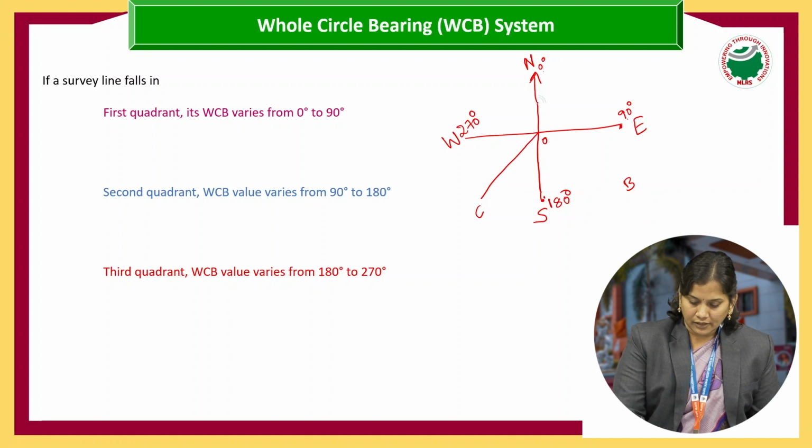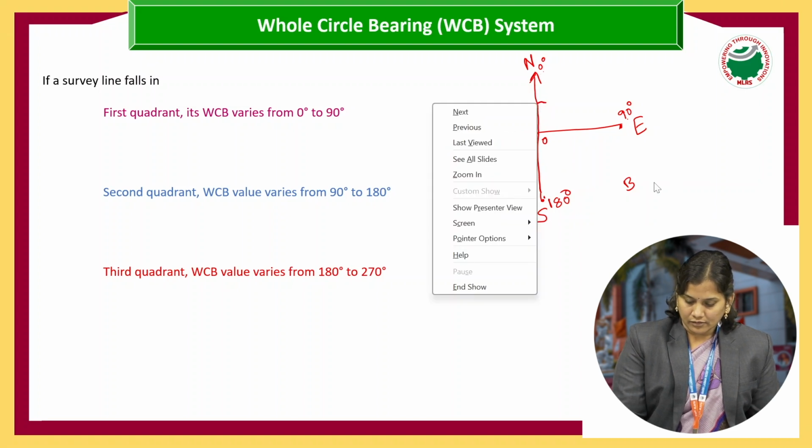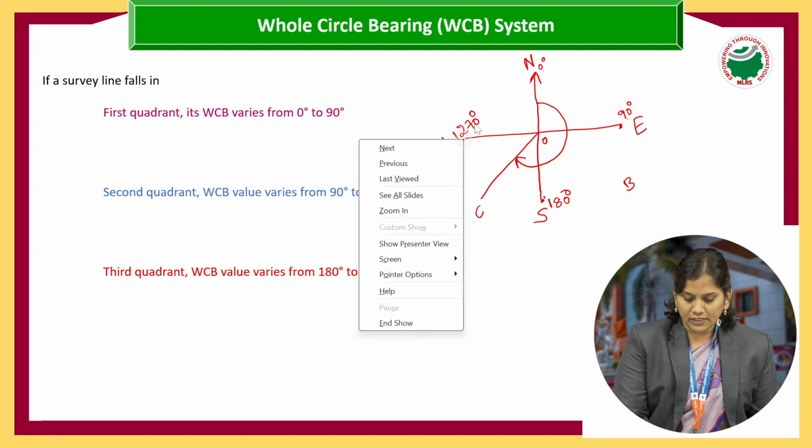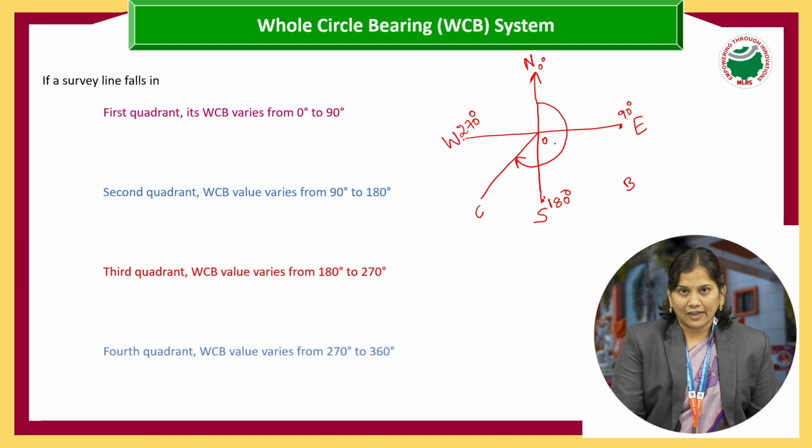And we'll measure the whole circle bearing from north towards our survey line in clockwise direction. So this value ranges between 180 degrees to 270 degrees when our survey line lies in third quadrant.